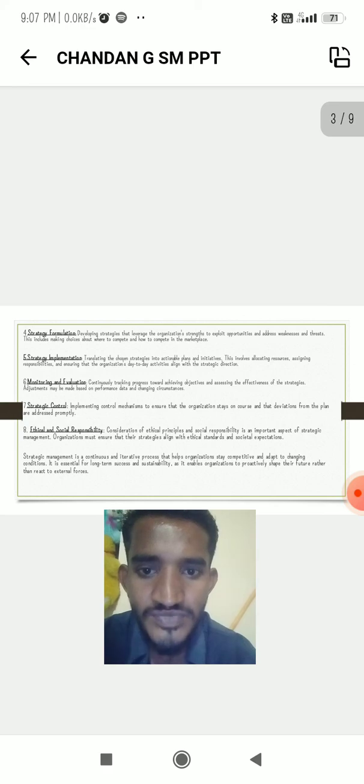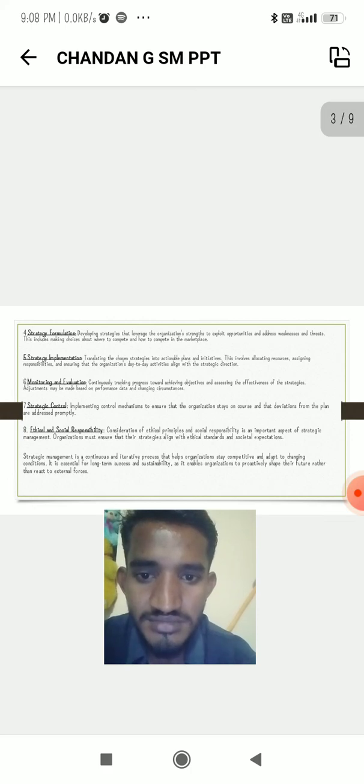Strategy implementation, translating the chosen strategies into actionable plans and initiatives. This involves allocating resources, assigning responsibilities, and ensuring the organization's day-to-day activities align with the strategic direction. Monitoring and evaluation, continuously tracking progress towards achieving objectives and assessing the effectiveness of the strategies.